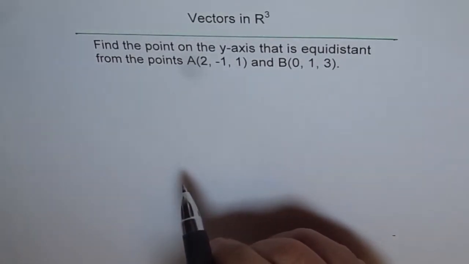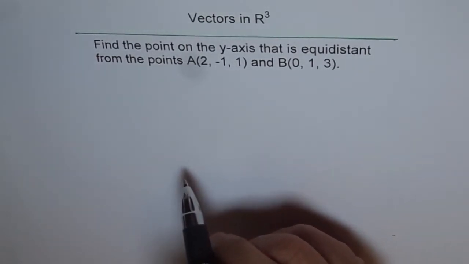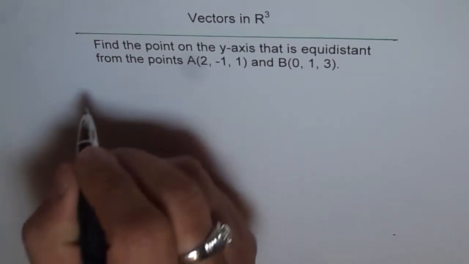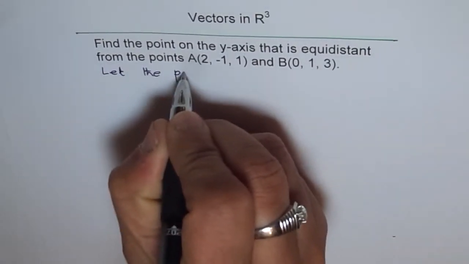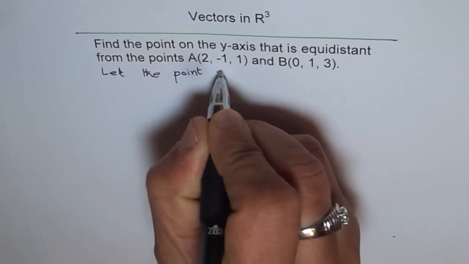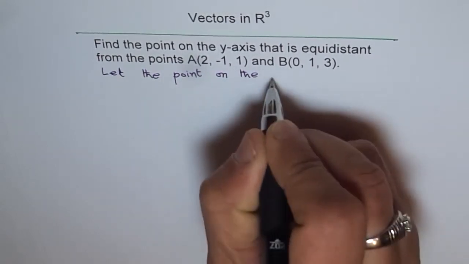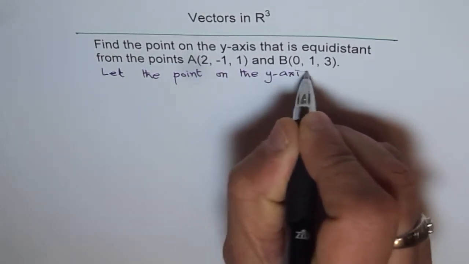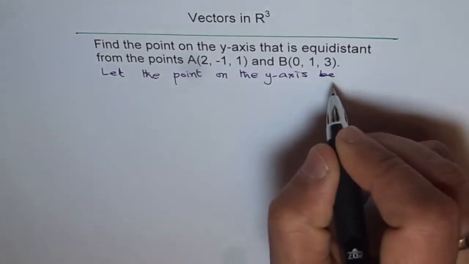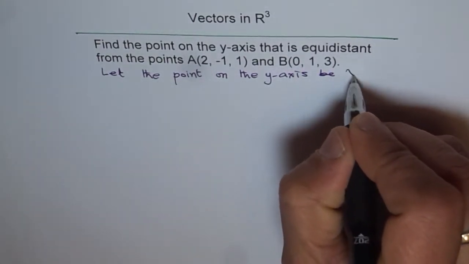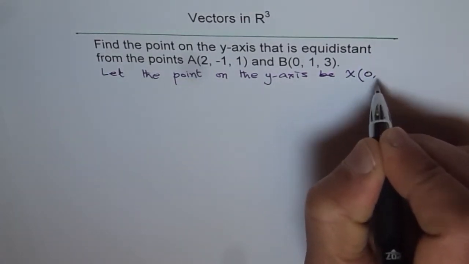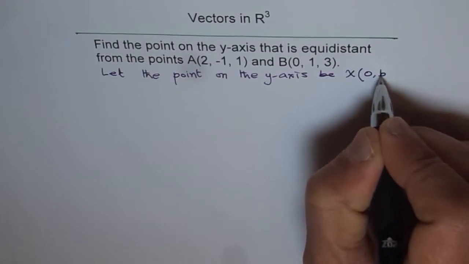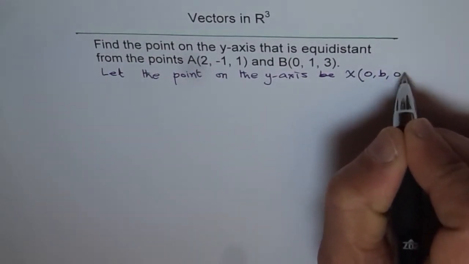That's the first thing. The y-axis means that the point should be (0, b, 0), where b can change. So we can write, let the point on the y-axis be, let's call it a point X. We'll call this point with coordinates 0 along the x-axis, b along the y-axis, and 0 along the z-axis.